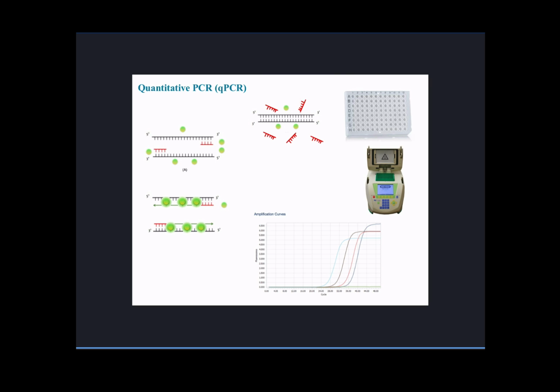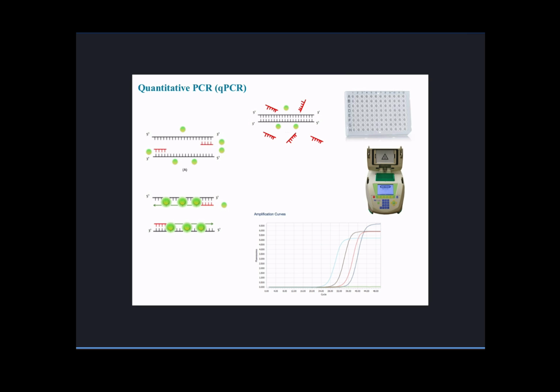You have your primers, and then instead of having regular deoxyribonucleotides, the dATP, dCTP, dTTP, and dGTP that you would normally use, the nucleotides that we need for DNA amplification, we use chemically modified nucleotides that have a very unique characteristic: when they get incorporated into a growing DNA molecule by the Taq polymerase, they emit a pulse of light.